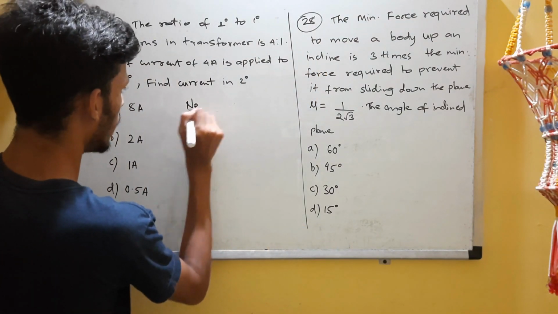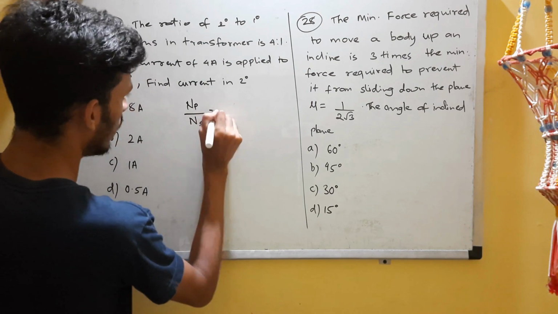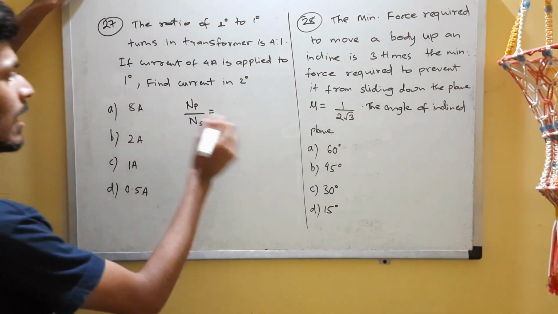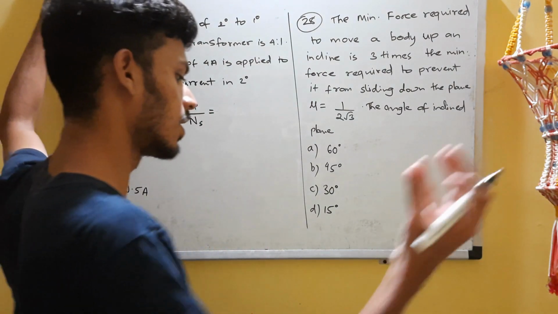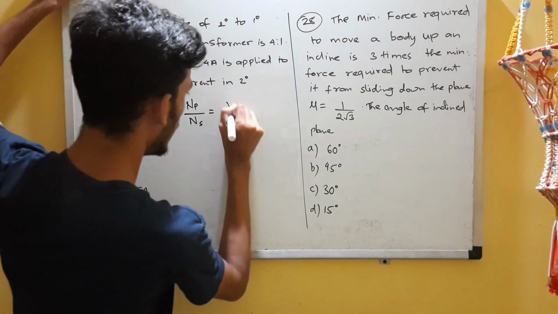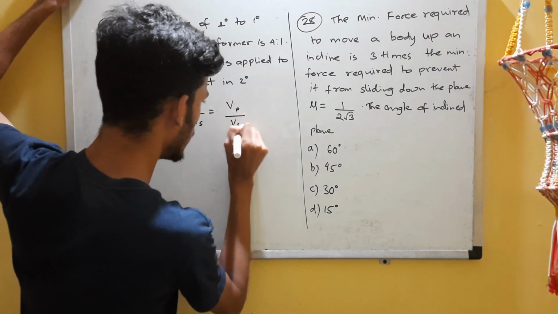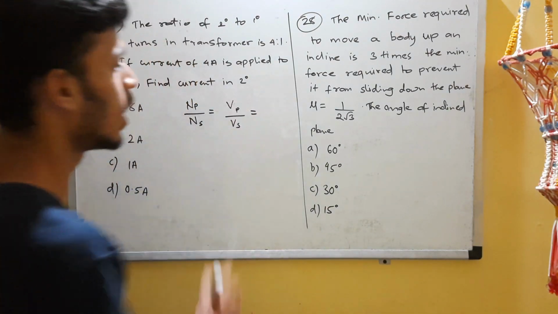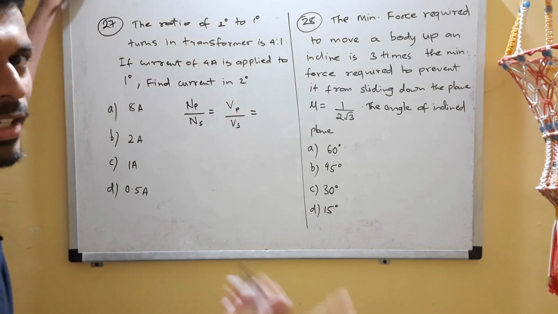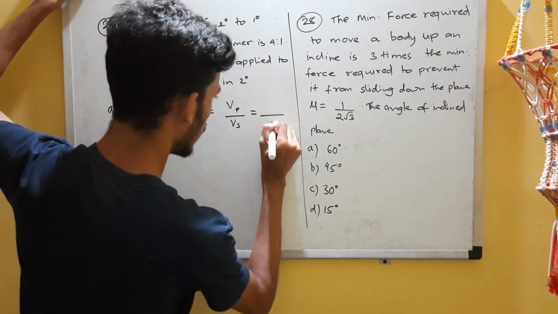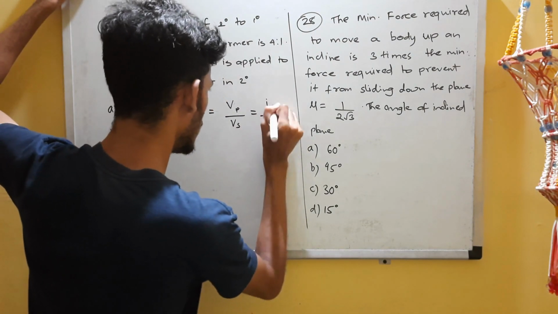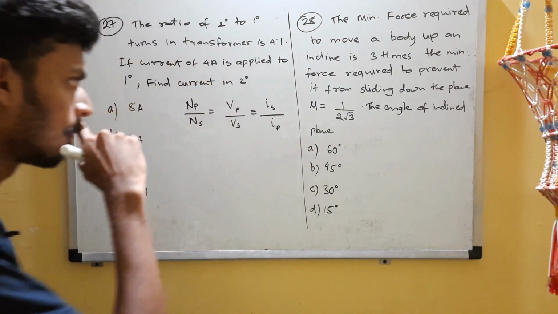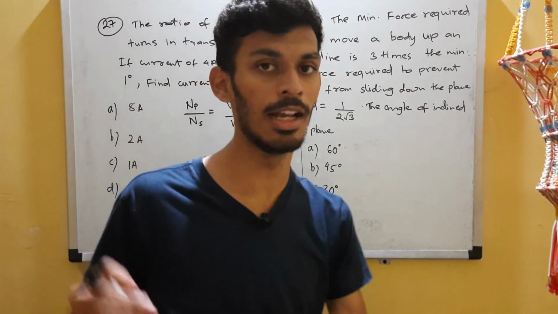So number of turns in primary to number of turns in secondary equals. Now there is a direct relationship between the number of turns and voltage. So you can directly write voltage in primary to voltage in secondary. Now for an ideal transformer, the relation between voltage and current is inverse. Okay, so here current in primary, here current in secondary, inverse relation. Okay, and that is true only for an ideal transformer.